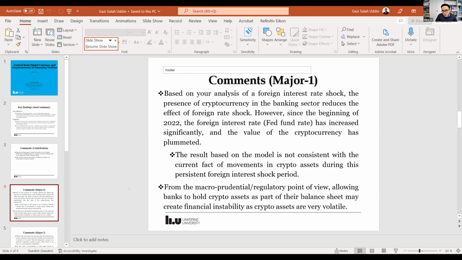So at some point, it's not too far from realistic. But I admit that it fails to capture the volatility, and I also argue that even without volatility, we saw a huge difference when including crypto inside the banking sector, which is not common right now but will be in the near future. And that calls for regulation.